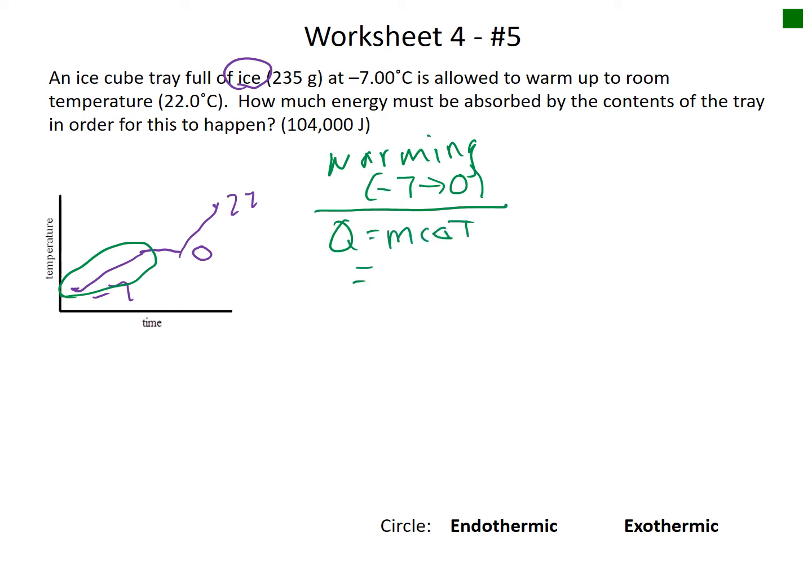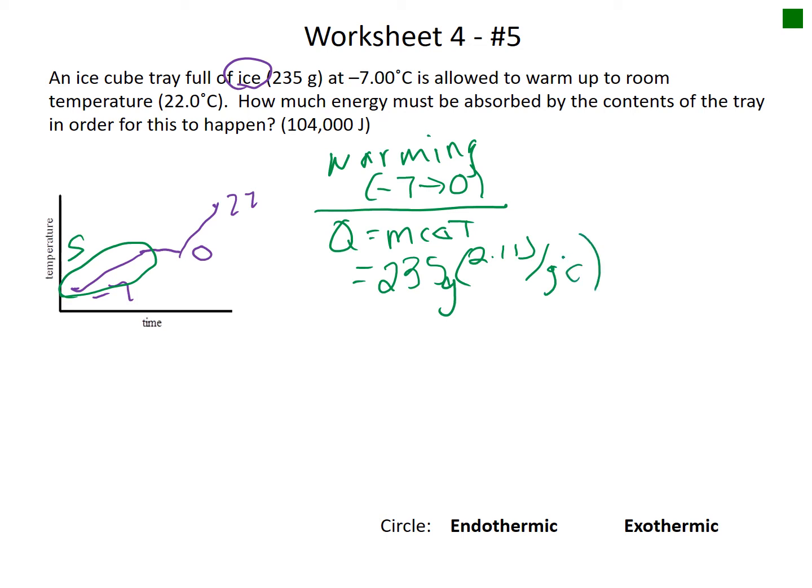According to this, my mass is 235 grams. The C I'm going to use is the solid one, because it is ice just heating up. According to my constants, my solid C is 2.11 joules per gram degree Celsius.